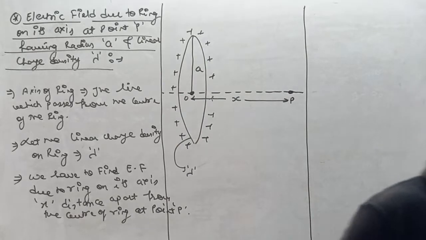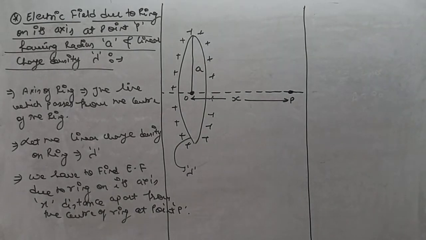We have a ring of radius a having linear charge density lambda. We wish to find electric field on the axis of the ring, x distance apart from the center of the ring at point P.